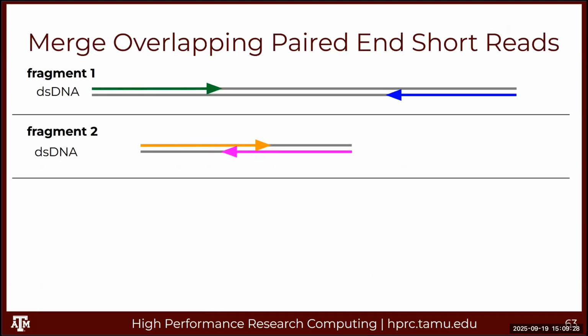There's also a chance that this fragment overlapped, meaning the fragment is so short that whenever the sequencer sequenced top and bottom, the sequence run overlaps. So there's a section it sequenced twice in the middle. So now we know the sequence of the entire strand because they overlap. The top one, we don't know the sequence of the entire strand because there's a gap in the middle.